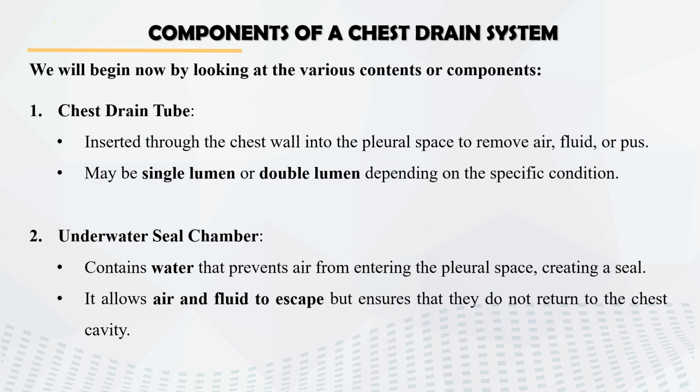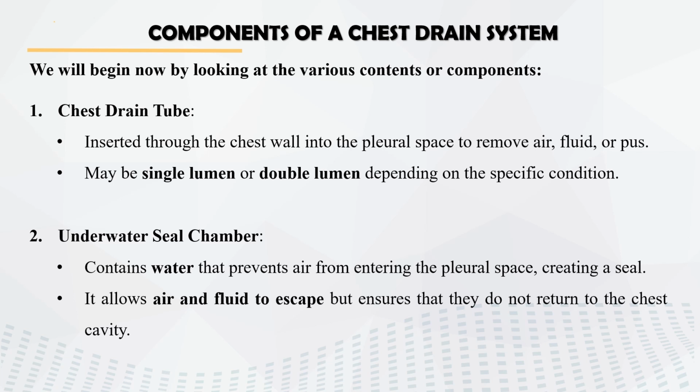The underwater seal chamber contains water, just as the name implies. This water helps to prevent air from entering the pleural space, creating a seal. It also allows air or fluid to escape, but ensures that they do not return to the chest cavity.